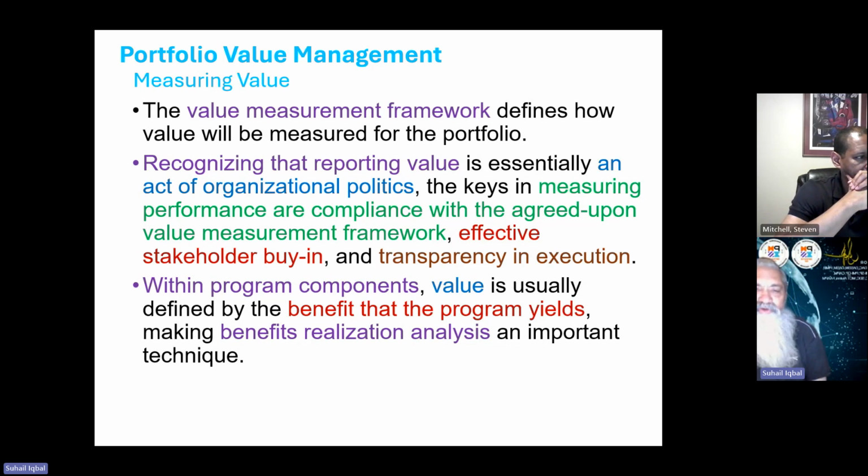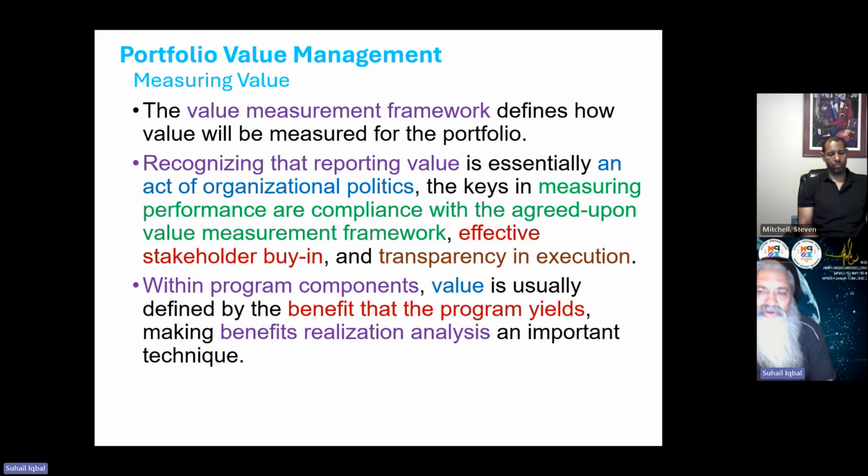the keys in measuring performance are compliance with the agreed upon value measurement framework. So whenever you are measuring the performance of a component, you must abide by the agreed upon value measurement framework, which has been developed already.